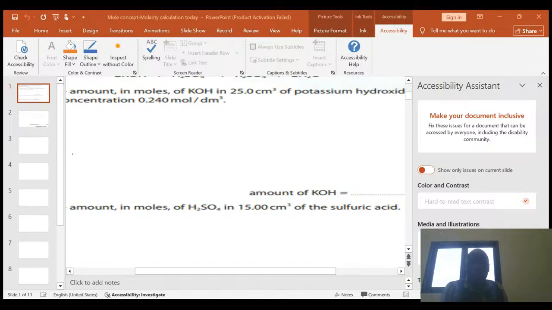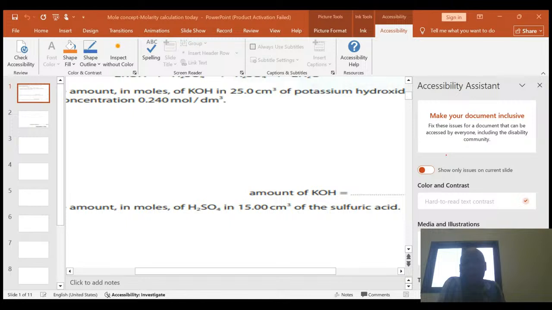You know that concentration is equal to the number of moles of potassium hydroxide divided by the volume of potassium hydroxide. Making moles the subject of the formula, moles of potassium hydroxide equals the concentration multiplied by the volume.